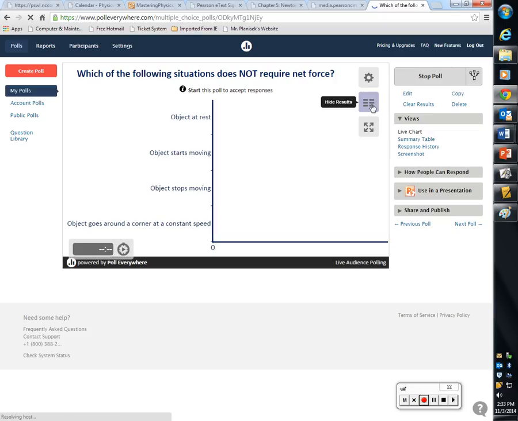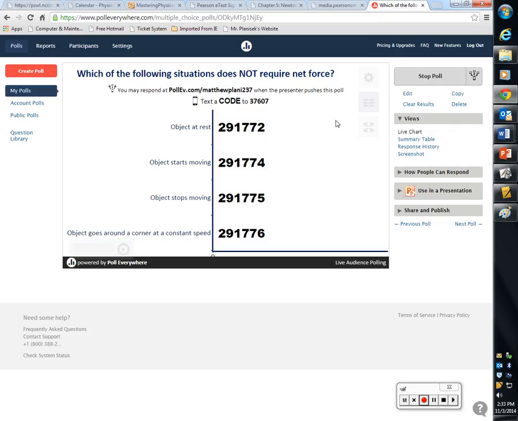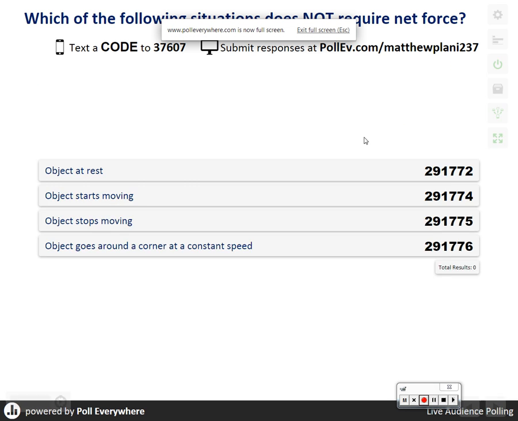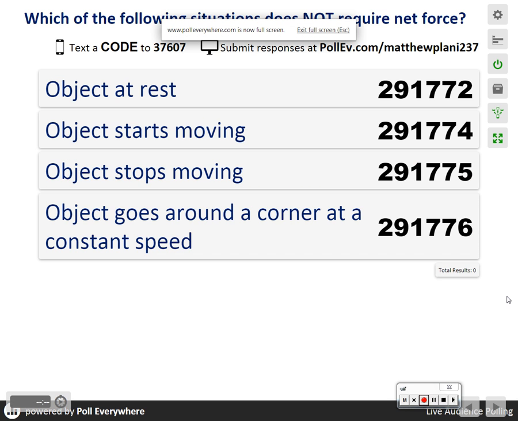First I'm going to hide the bar graph, so you will not see people's responses as they come in. You can't say, oh, everybody else chose that one, I'll choose that one too. Here's your first question, off of the sheet I just gave you today.